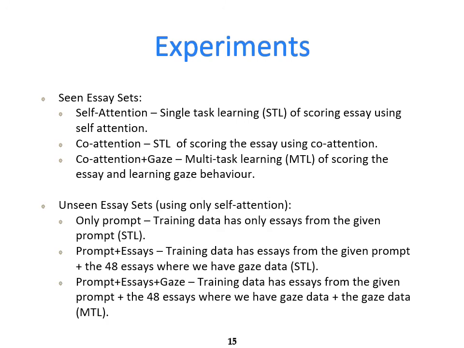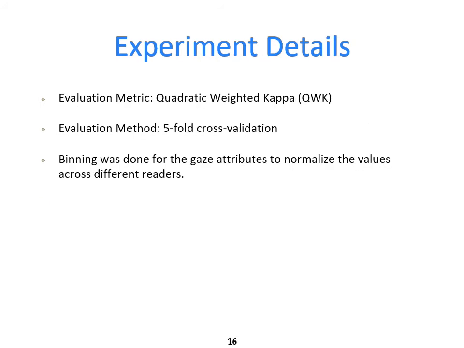And the third is prompt plus essays plus gaze, which is the training data containing essays from the given prompt plus the 48 essays where we have gaze data plus the corresponding gaze data for those essays. We evaluate our systems using fivefold cross validation with quadratic weighted kappa as the evaluation metric.